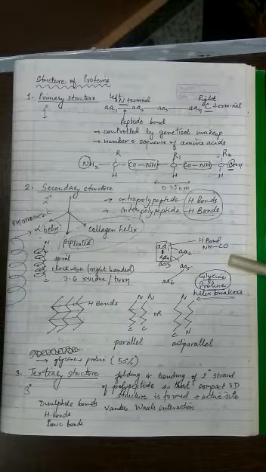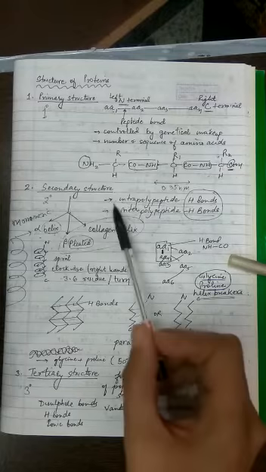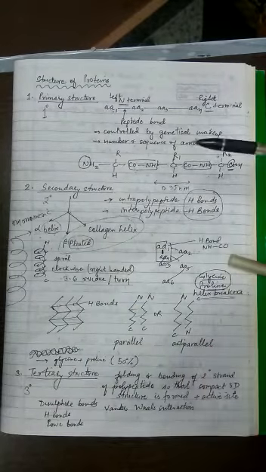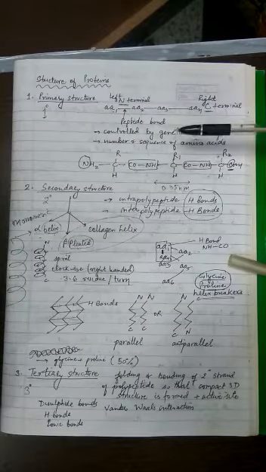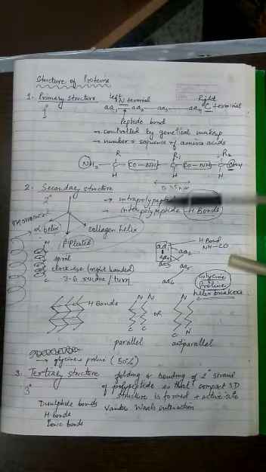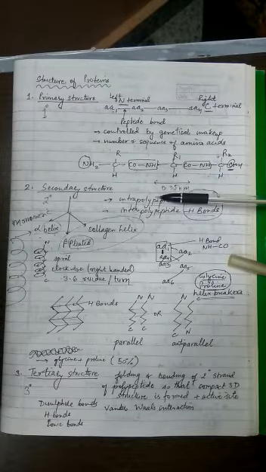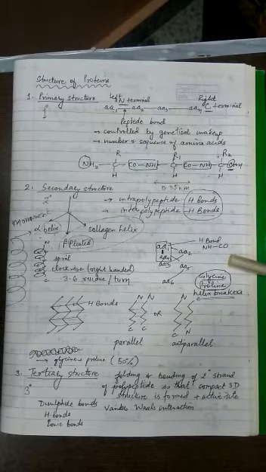Beta pleated will have very few or zero helix breakers, and alpha helical structure is only possible in a single chain of polypeptide. So remember, the bonds which are formed in the secondary structures are hydrogen bonds. This structure has peptide bond formation, this structure has hydrogen bond formation. It can be in the same chain or it can be in 2 or 3 different chains.